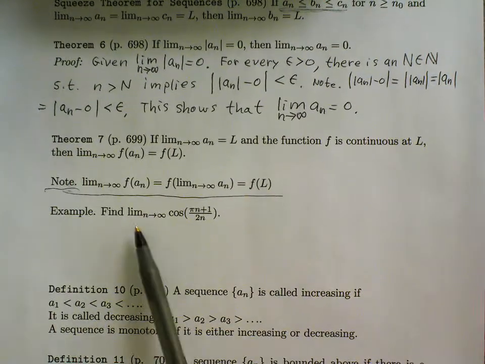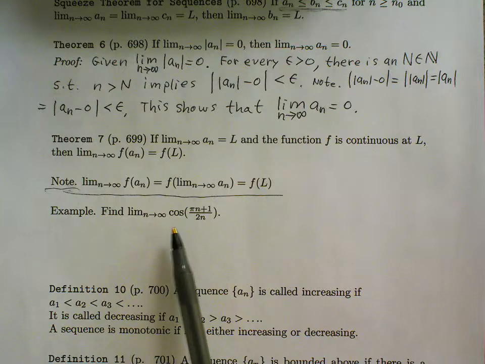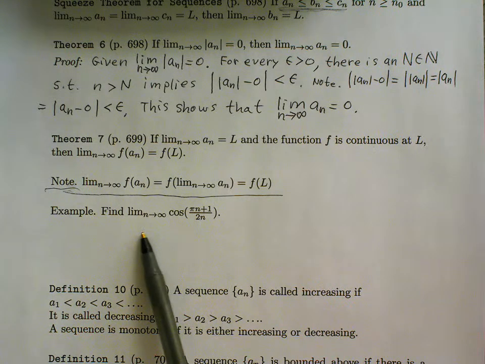Okay, so I'll give you some work. Find the limit of cosine of pi times n plus 1 over 2n as n approaches infinity.